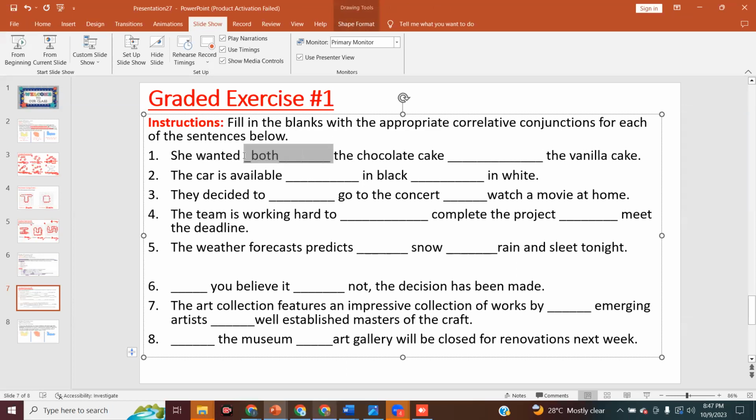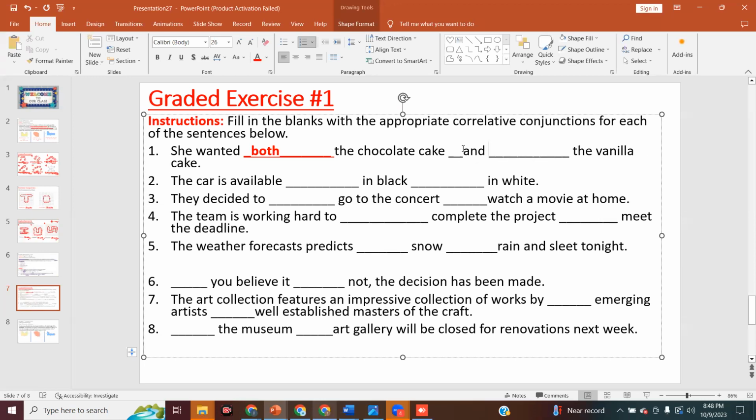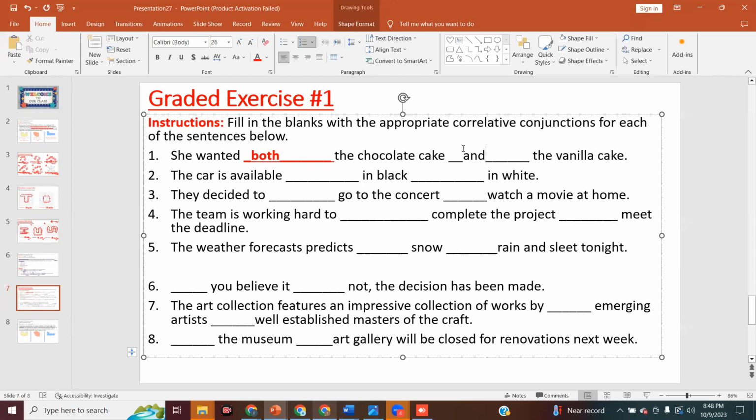So both and could work. Obviously, that's a natural one because it's saying what she wanted.